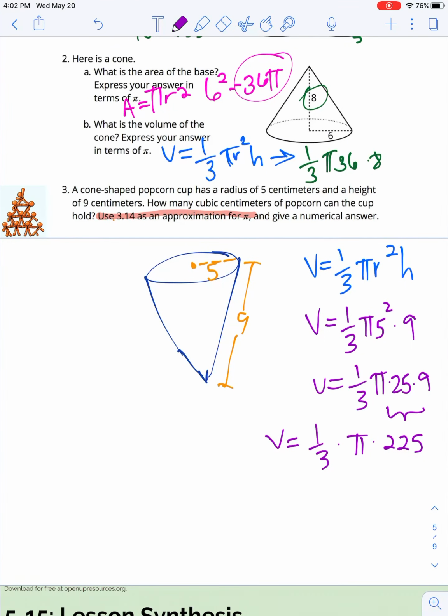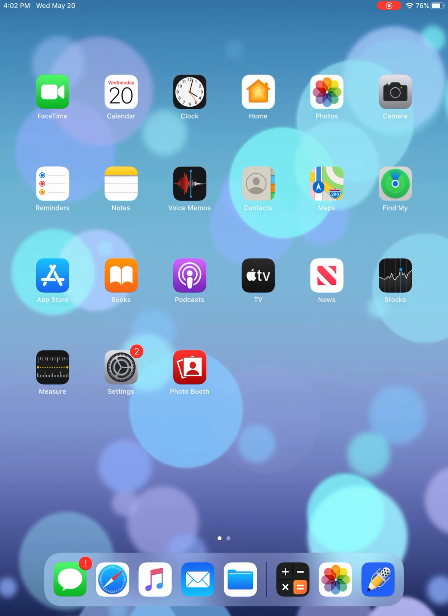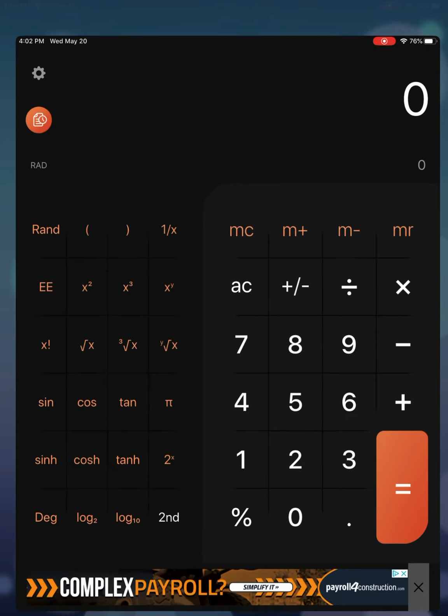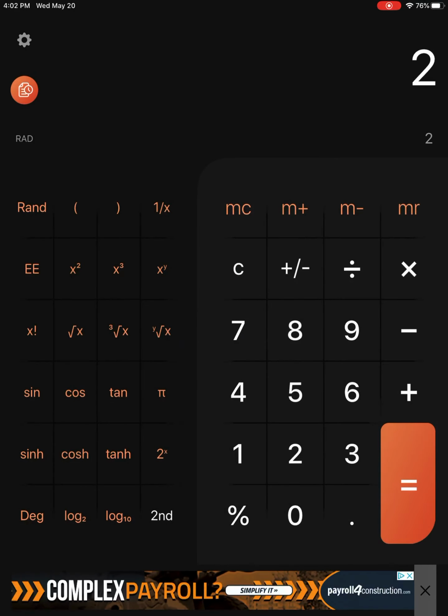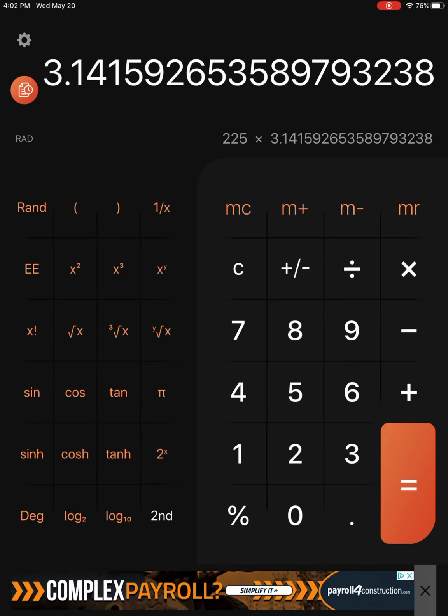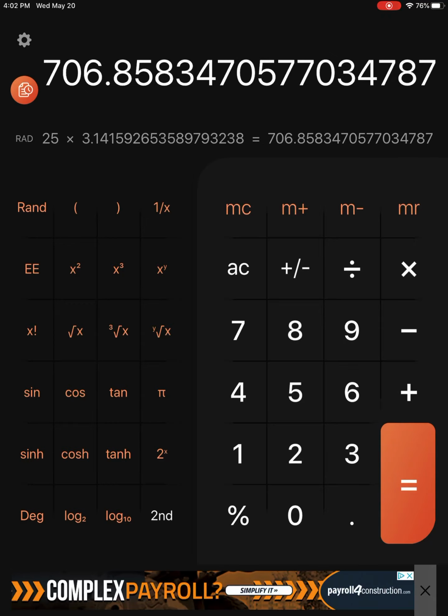Okay, so 225 times pi divided by 3. So where did the calculator go? There it is. So 225 pi equals that number.